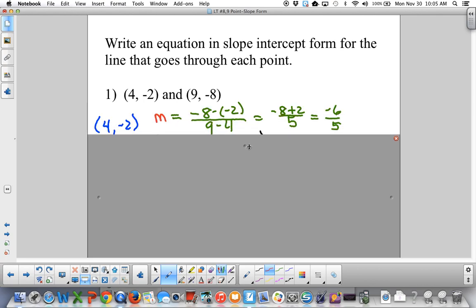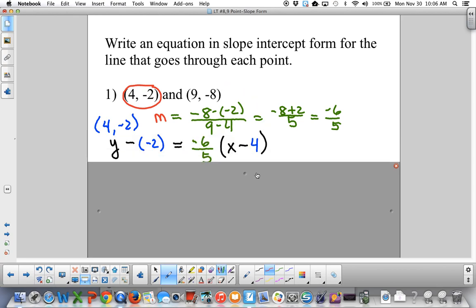First you find the slope, which should be negative 6 over 5. And I used the point (4, negative 2). Does it matter? No. Could you use (9, negative 8)? Absolutely. So I plug that into my y minus y1 equals my slope times x minus my x1. Here I'm going to distribute in negative 6/5, and here I'm going to make this plus 2.